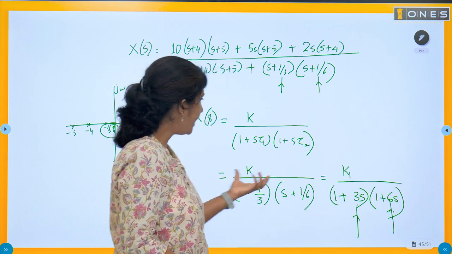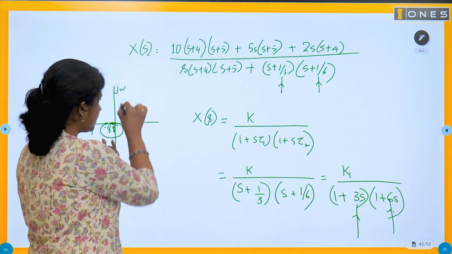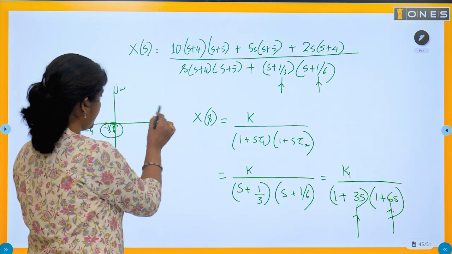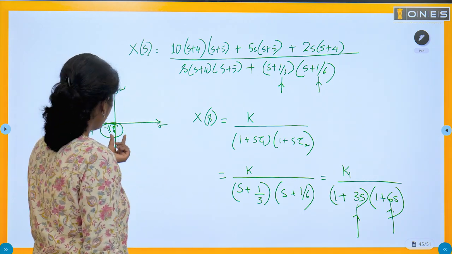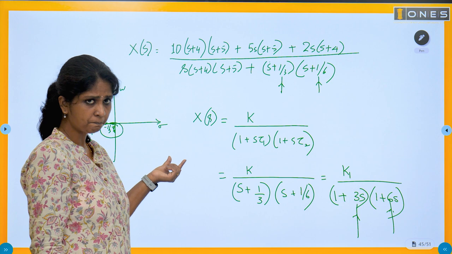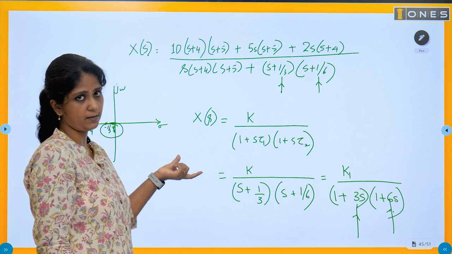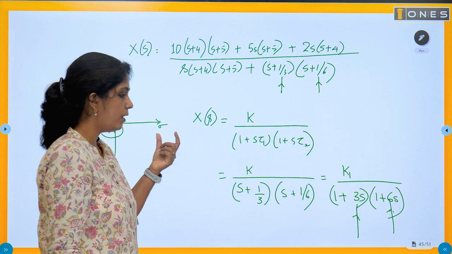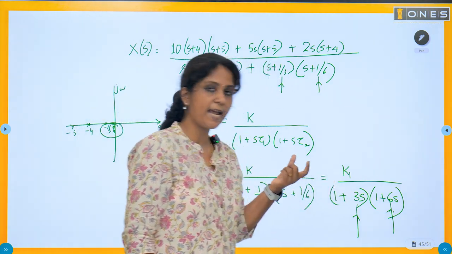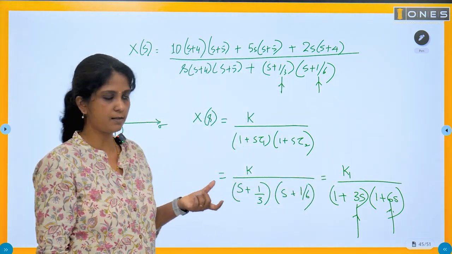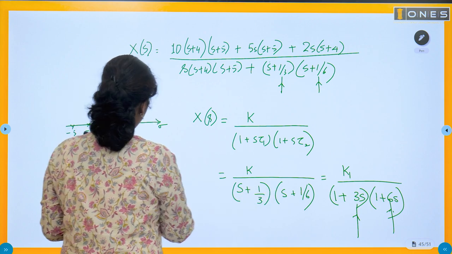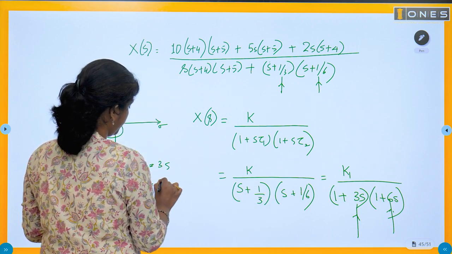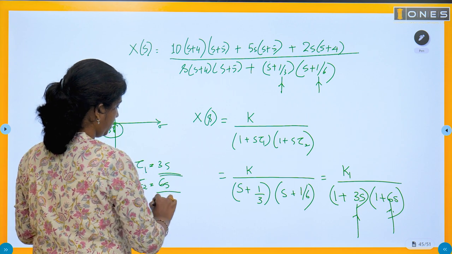So the dominating poles, which are the poles closer towards the j omega axis in the s plane, will give us the system response or time constants. That is what dominates the nature of the time response in the system. So here we get tau 1 is equal to 3 seconds, time constant tau 2 is equal to 6 seconds.